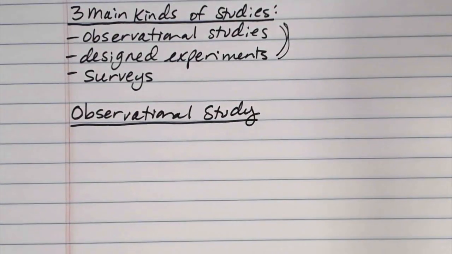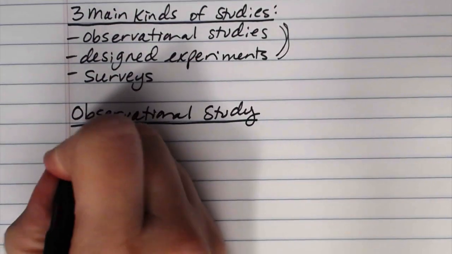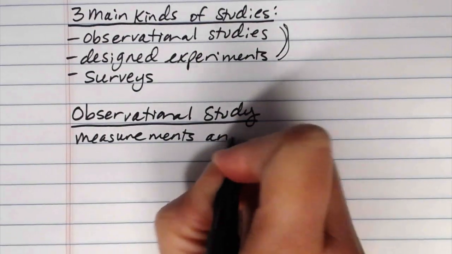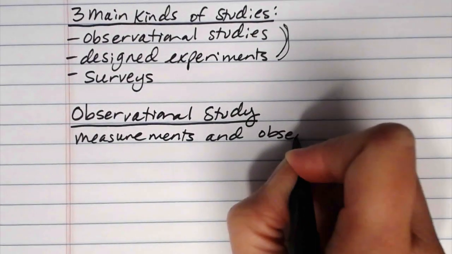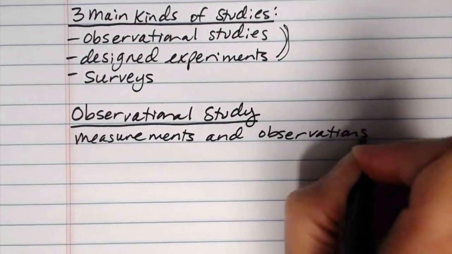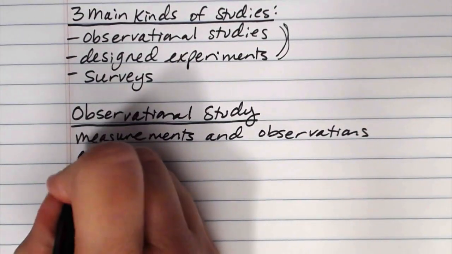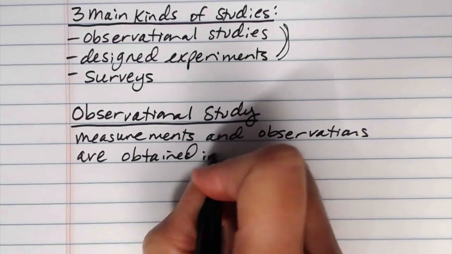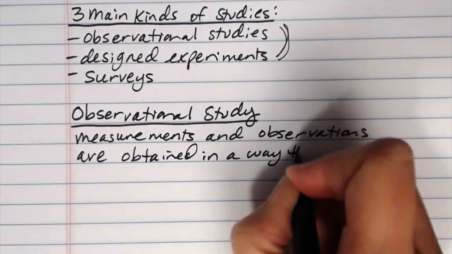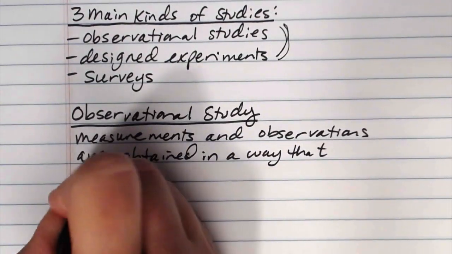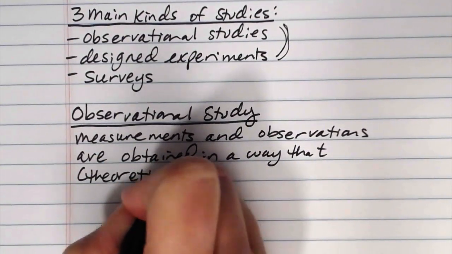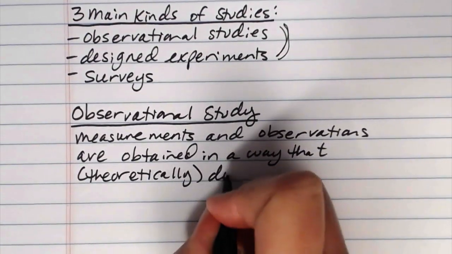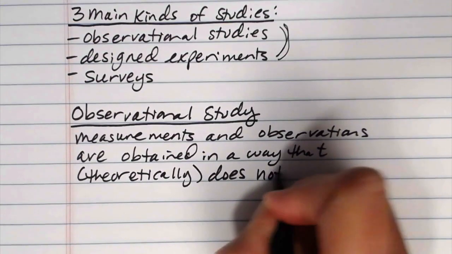The defining characteristic of an observational study is that measurements and observations are obtained in a way that theoretically does not change the response or variable being measured.